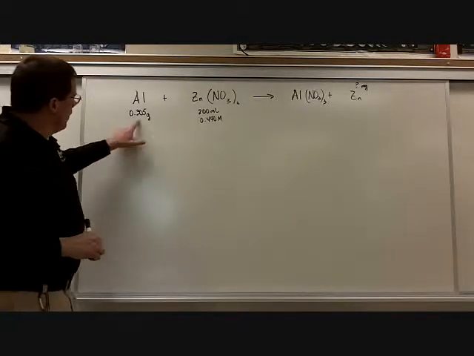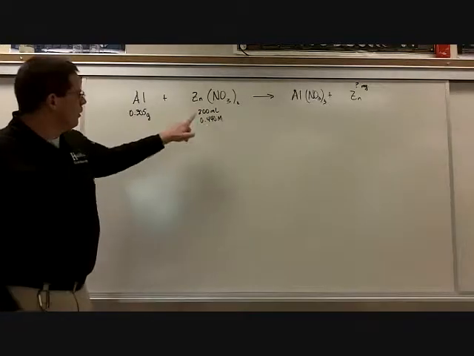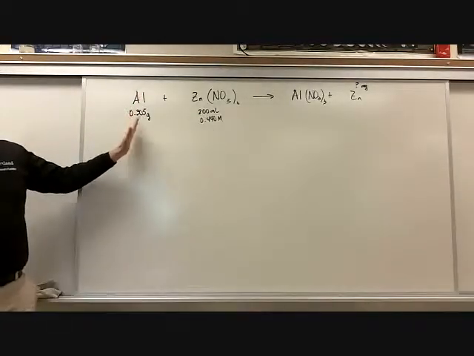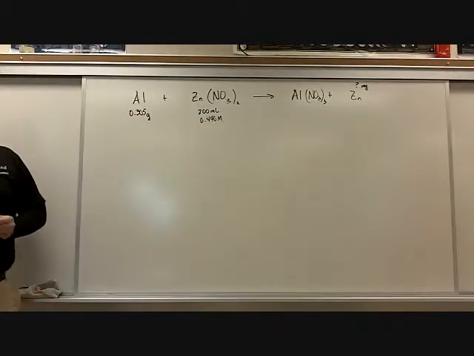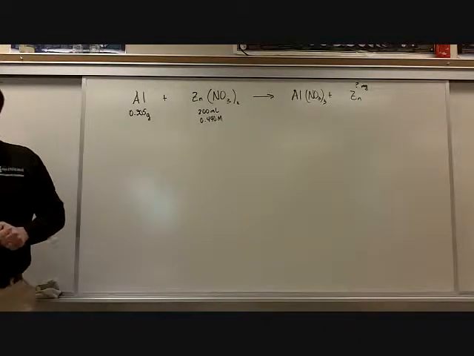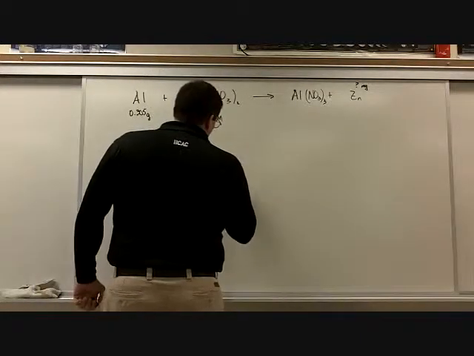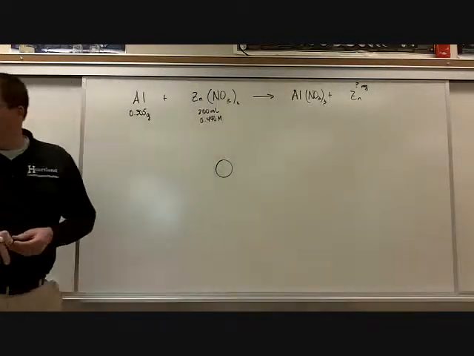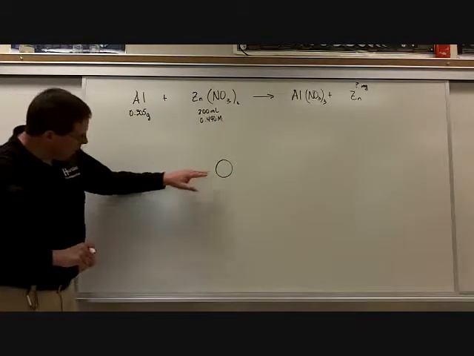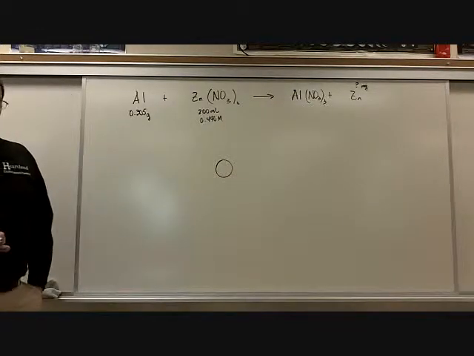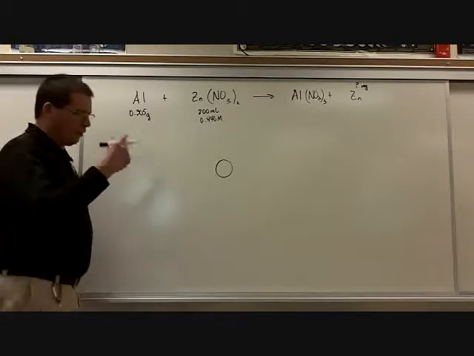Anytime you see an amount for each reactant, you have what's called a limiting reactant problem. Now, what is a limiting reactant problem? Let me do a little sidebar here for you. Let's say that I want to make some cookies. This is my diameter for the cookie that I plan on making. And it has a certain thickness as well.